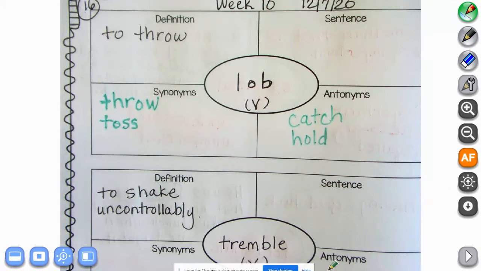All right, so we have throw, T-H-R-O-W, and toss, T-O-S-S. And then antonyms, we have catch, C-A-T-C-H, and H-O-L-D for hold.